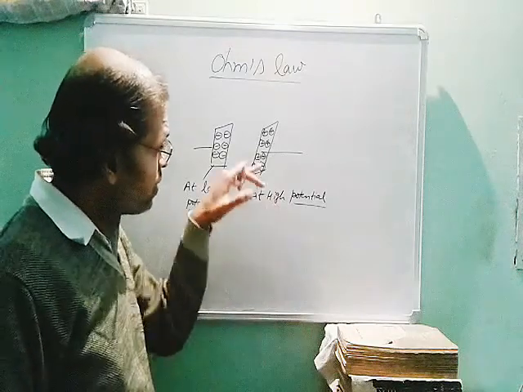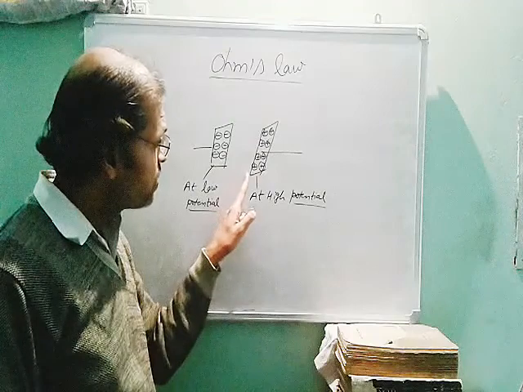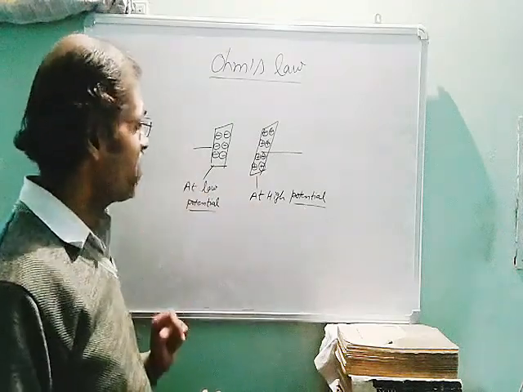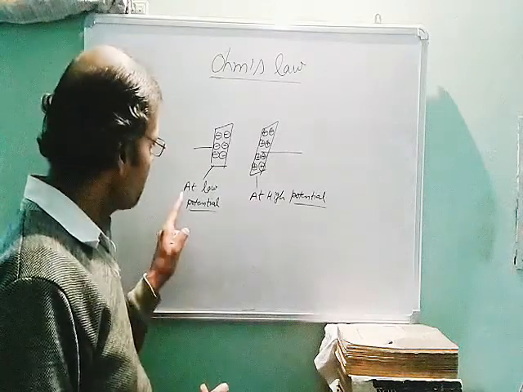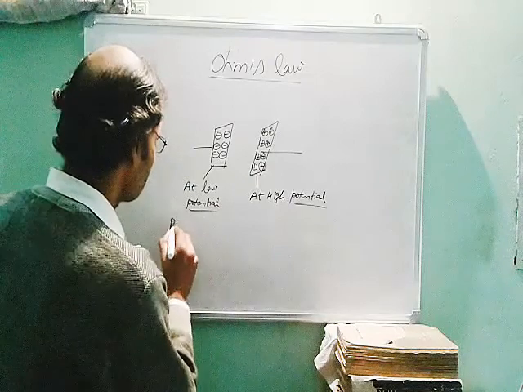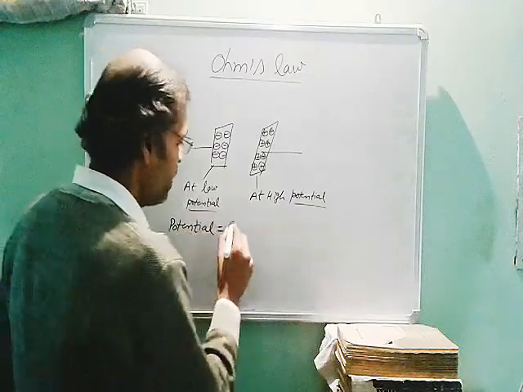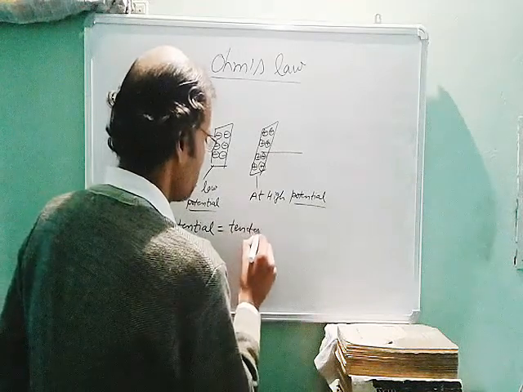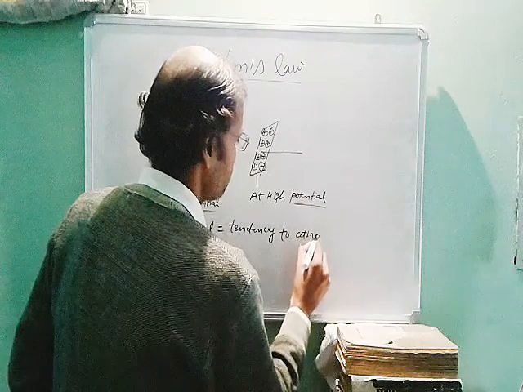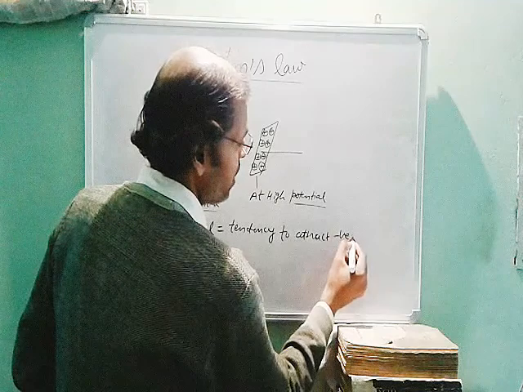So the positively charged plate of a cell or battery is considered to be at high potential, and the negatively charged plate of the battery or cell is considered at low potential. And potential means tendency to attract negatively charged electrons.